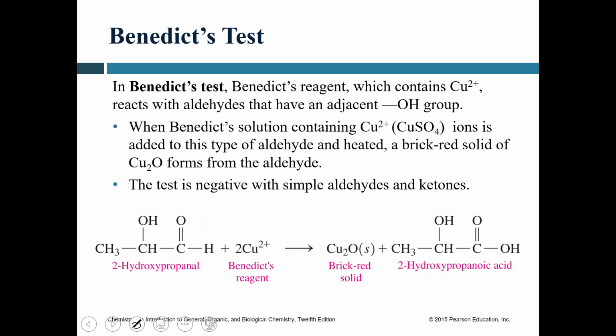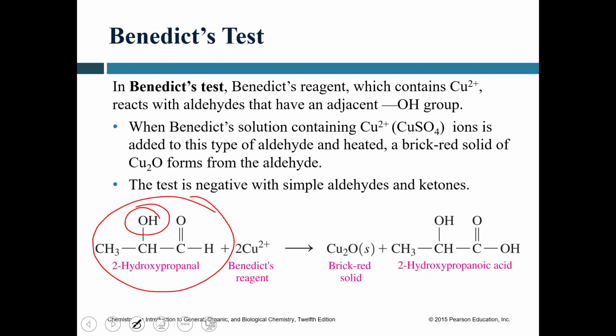Now, Benedict's test, or Benedict's reagent, which contains copper, allows you to determine the presence of aldehydes in the solution. So Benedict's reagent allows you to specifically determine the presence of aldehydes which contain a hydroxyl group adjacent to the carbonyl group.